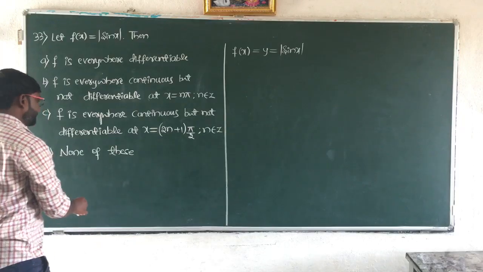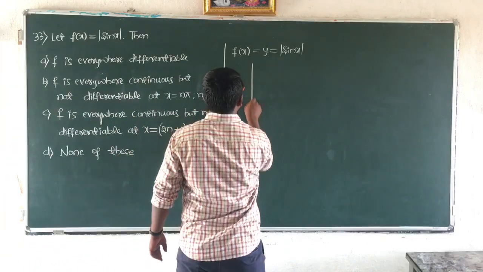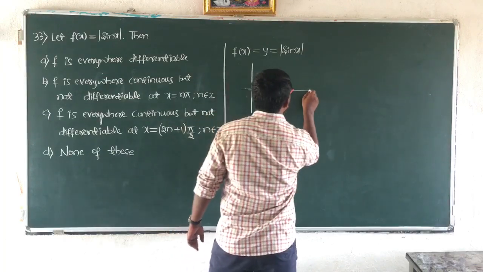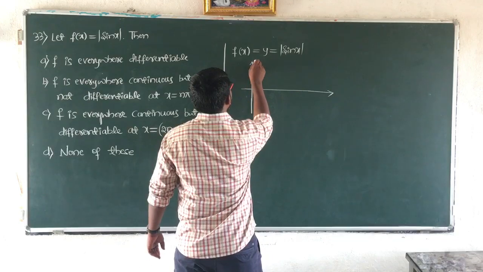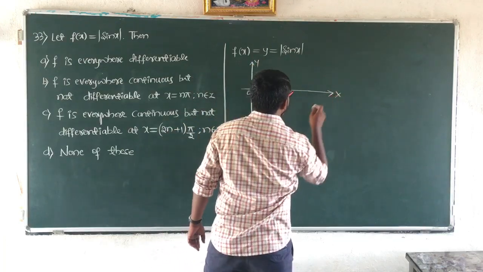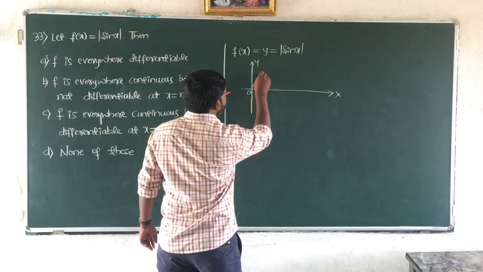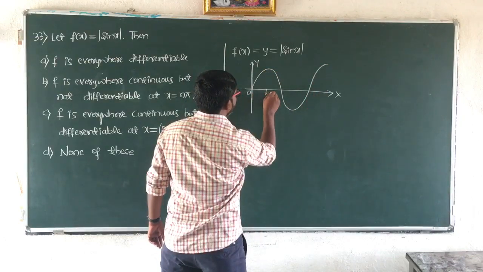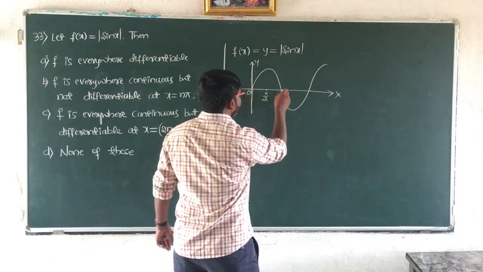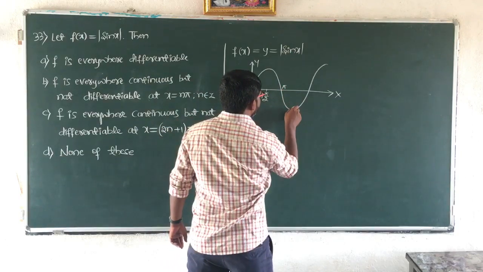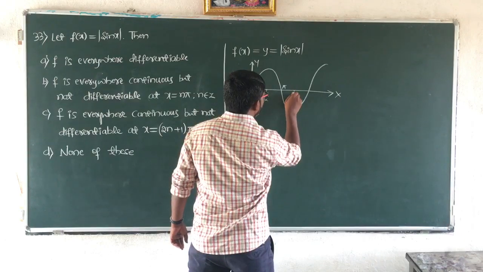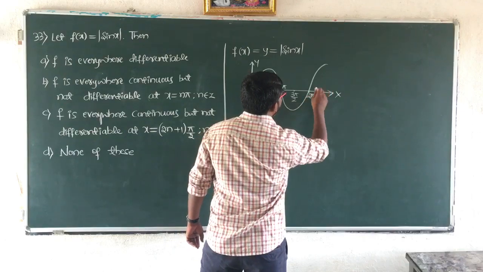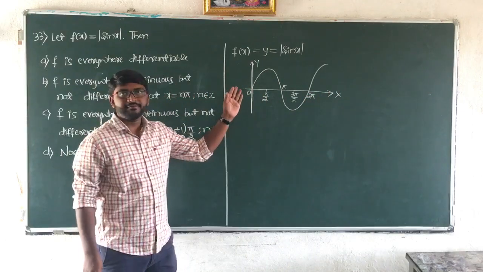So the graph of sine function it is, this is y 0 x. So this is pi by 2, whereas this is pi, and this point it is 3 pi by 2, and this point it is 2 pi, and it continues. So this is the graph of the sine function.